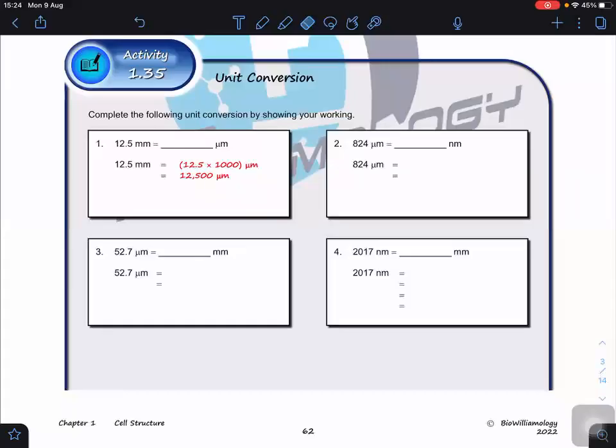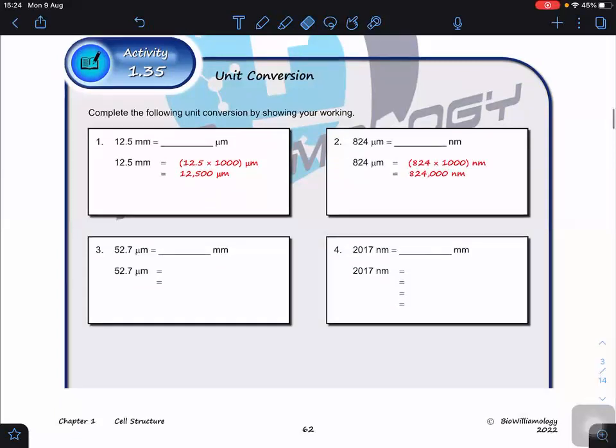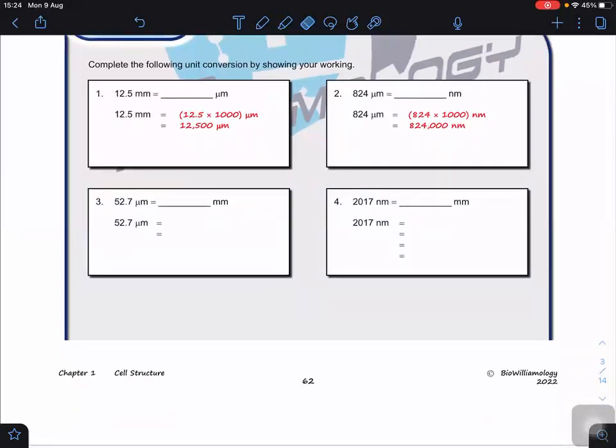As soon as you have done the calculations, let's look at the second one. Micrometer to nanometer, we multiply by 1000. So this is the answer. Next, number 3, micrometer to millimeter, so divide by 1000. Nanometer to millimeter, so two times.